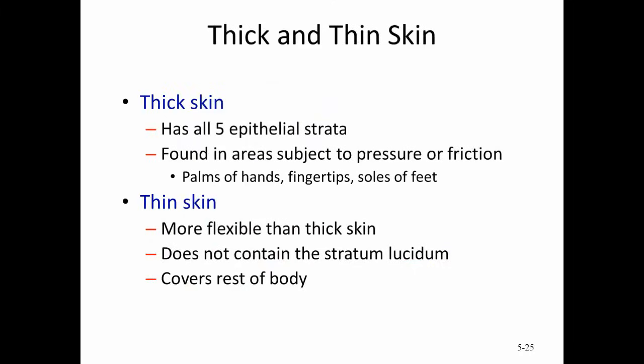And again, that's just a recap. Thick skin has all 5 epithelial strata, found in areas subjected to pressure or friction: palms of the hands, fingertips, soles of the feet. Thin skin is more flexible than thick skin, and it does not contain the stratum lucidum. Remember, the lucidum is the clear layer. And this covers the rest of the body.